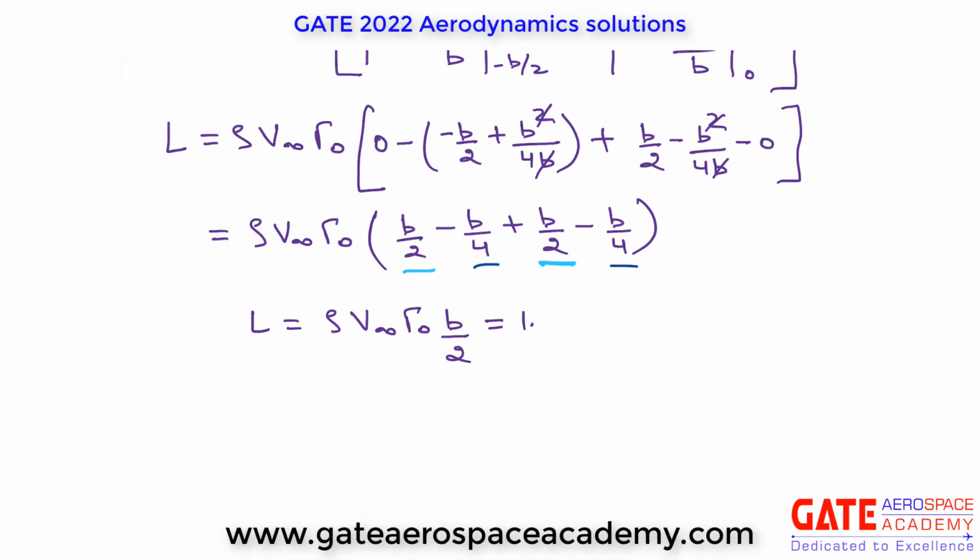So density 1.2 into free stream velocity 80 into maximum value of circulation 20, b is 10 by 2, lift is equal to 9600 Newton, right?